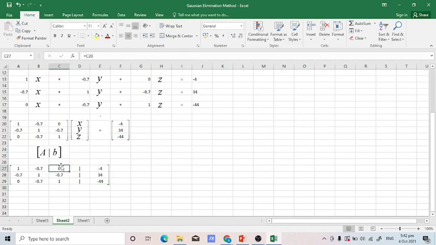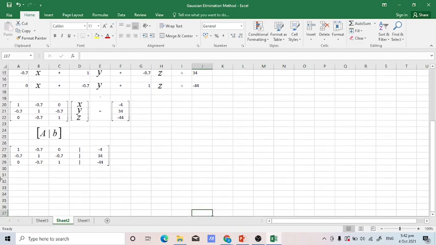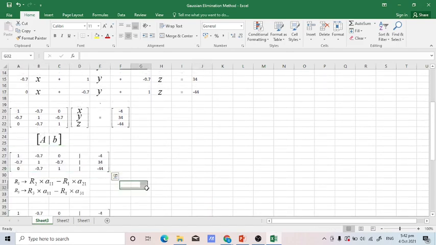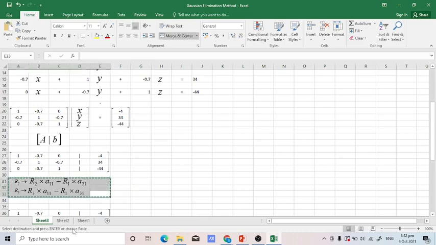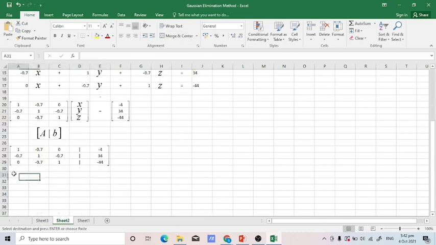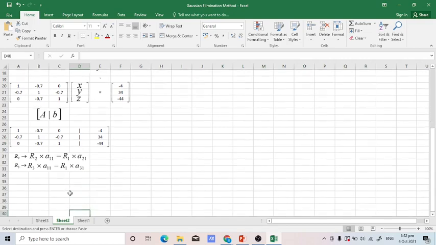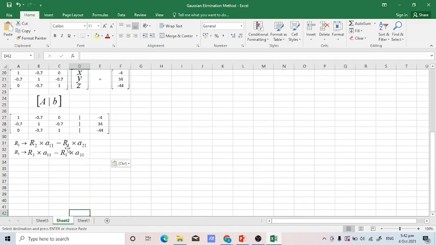Okay? And then, meron na tayong augmented matrix. Ang goal natin ngayon ay apply natin yung process na to para ma-convert.